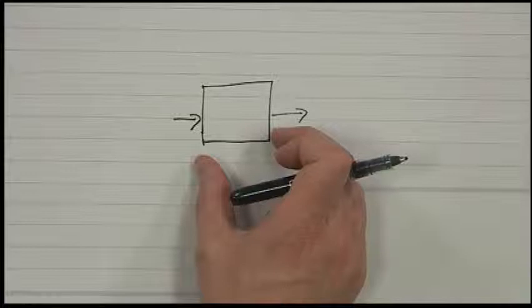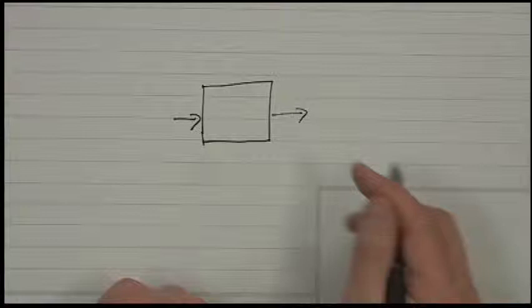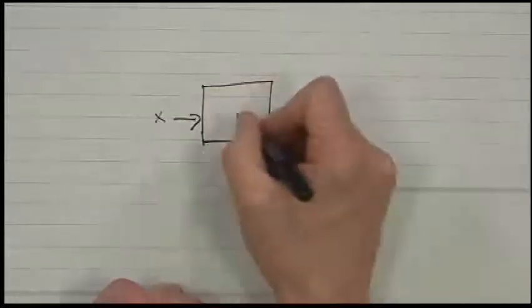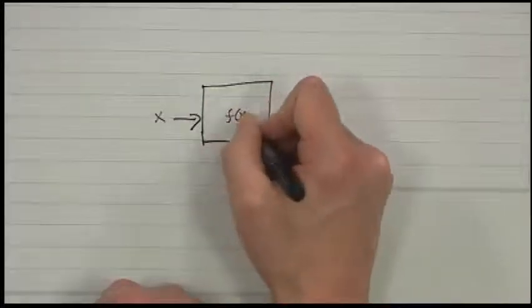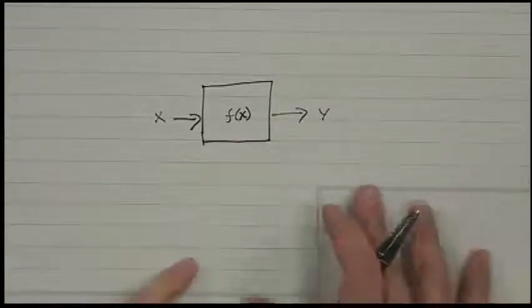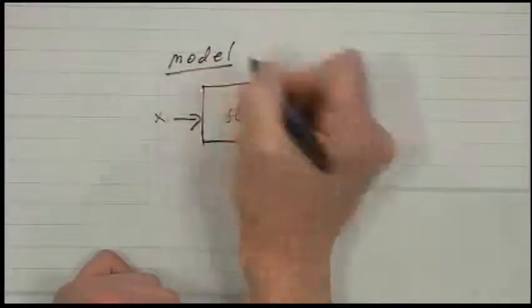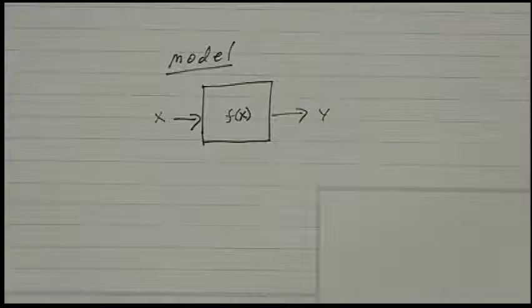The beauty of electrical engineering is you can take a monstrously complicated thing and just say, well, this is X, and that's Y, and the relationship is f of X. This is a very powerful concept, broadly referred to as a model. If you can model things, then you can do important information processing tasks with those models.